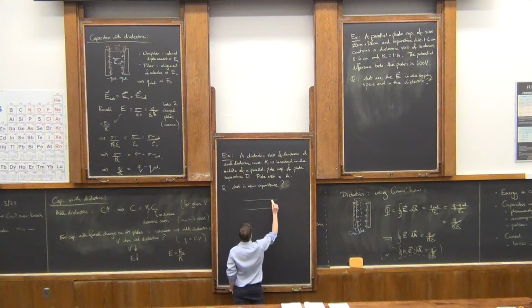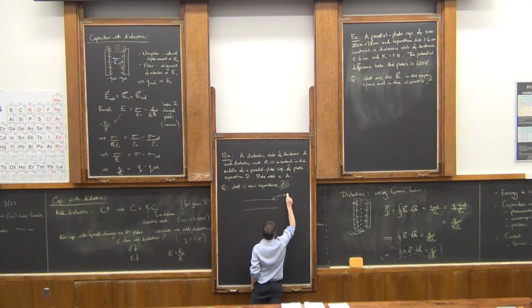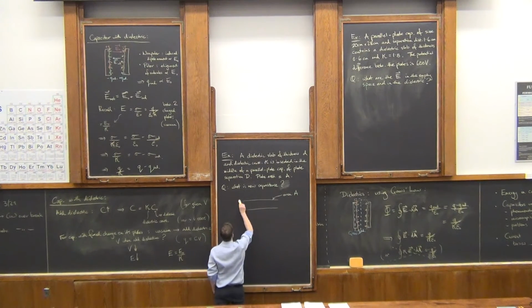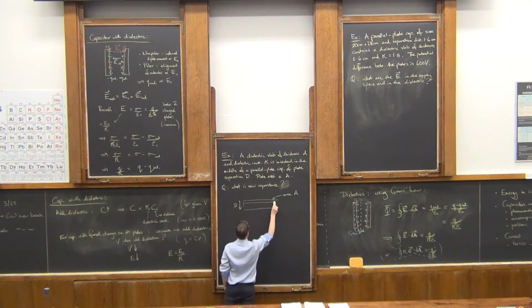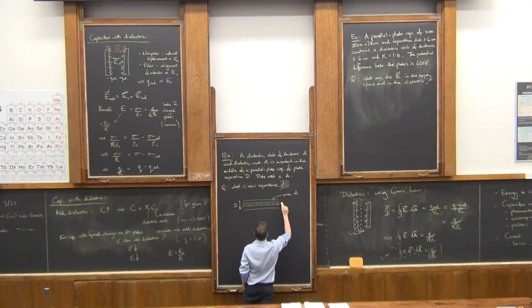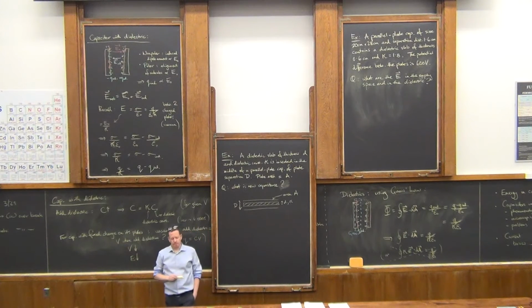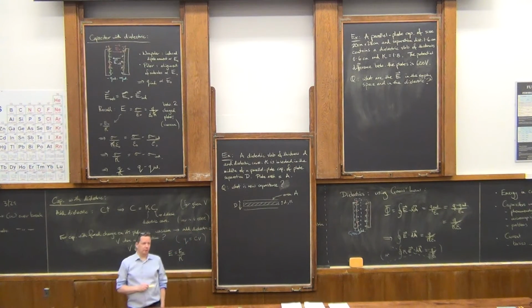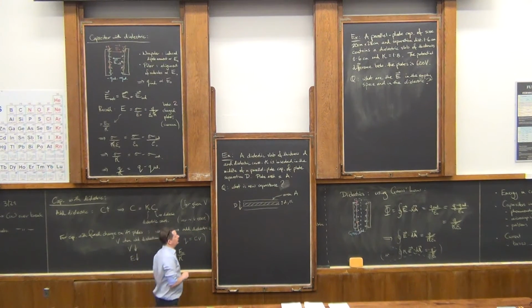These plates have an area A. There's an overall separation big D, and I'm going to fill this partially with a dielectric, which has a thickness little d, and also has a dielectric constant kappa. Okay, now I put this in the middle.